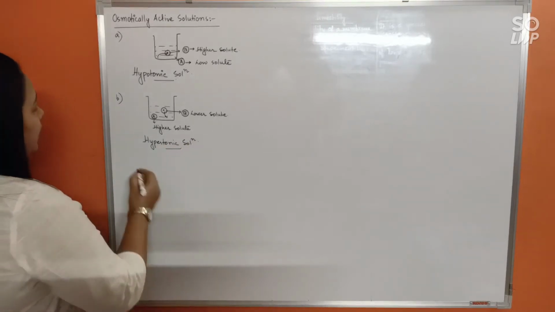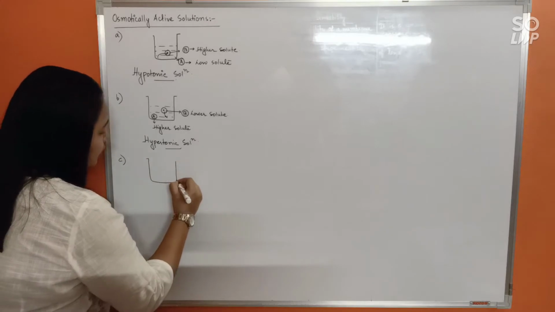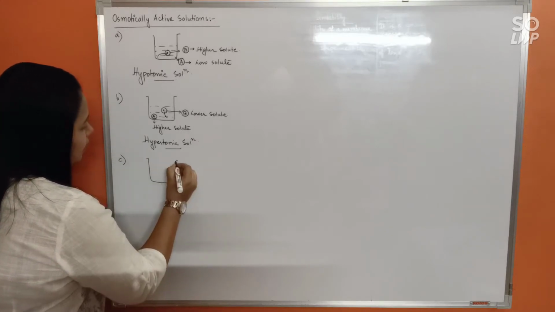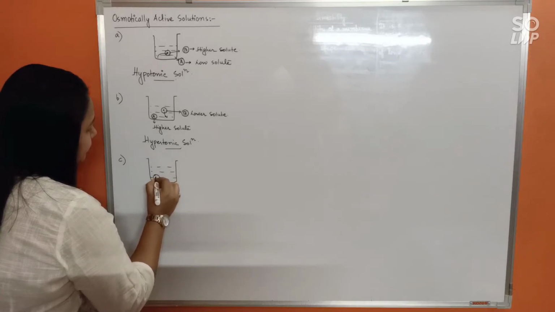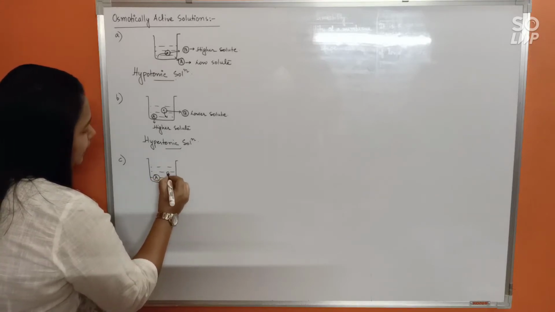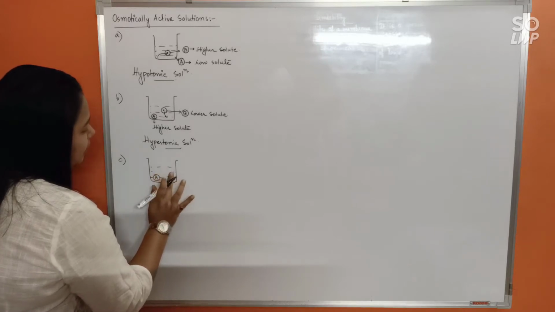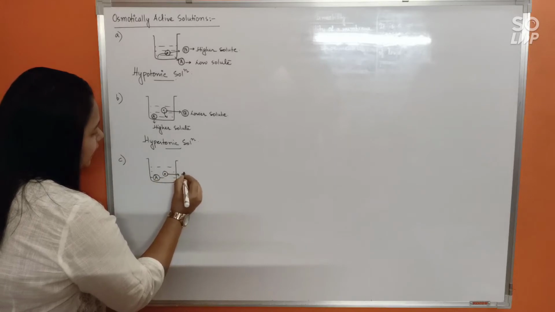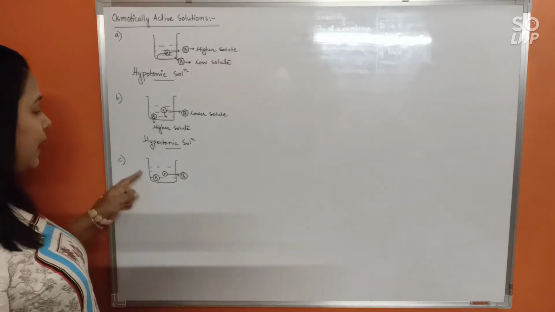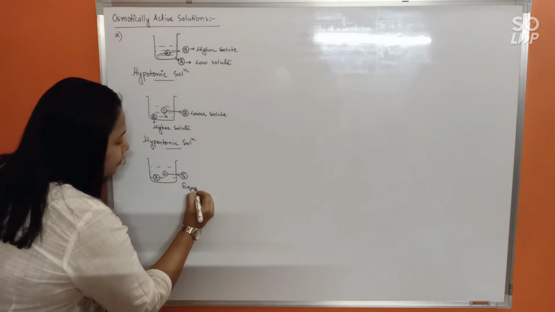Alright. Now, third and the last osmotically active solution, solution A and solution B, that is the animal cell. This time both A and B have equal solute.